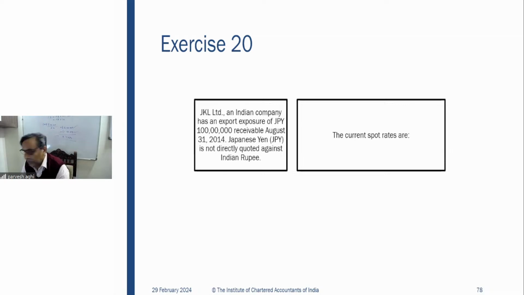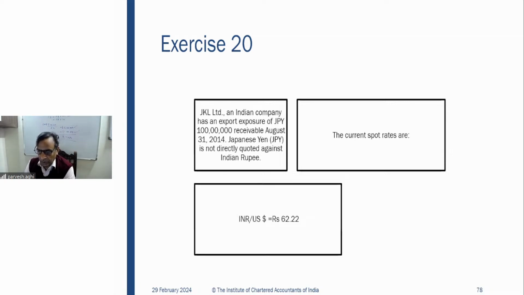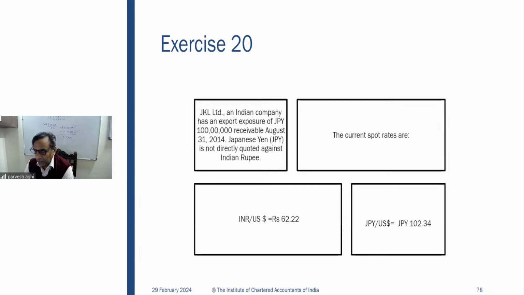This is not quoted, so the current spot rates are given to you. $1 US is equal to 62 Indian rupees, and the Japanese yen versus US dollar rate is also given. So that means he has got an exposure.